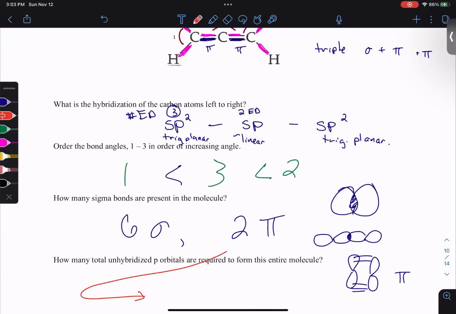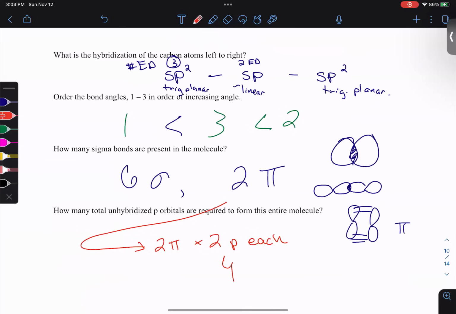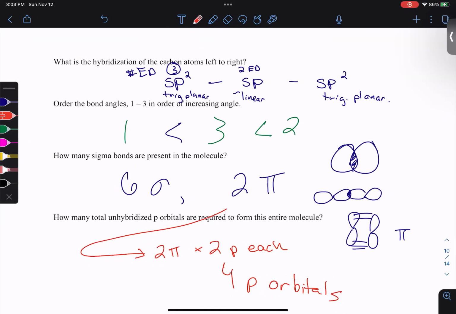So to make 2 pi interactions, you need 4. 2 pi's times 2 p orbitals each, there's 4 unhybridized p orbitals total. Here's another way to do it, because I just want to show you that everything kind of comes together.